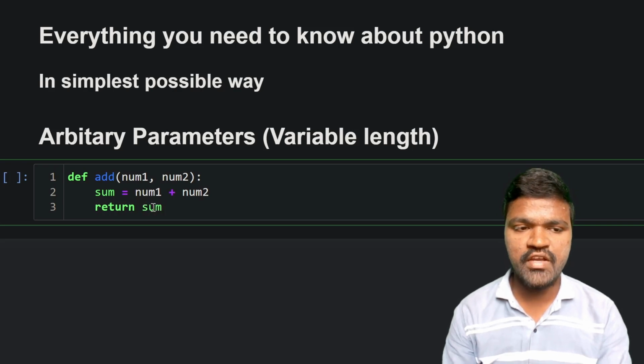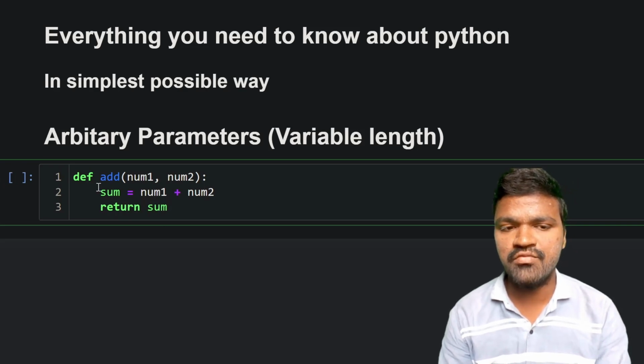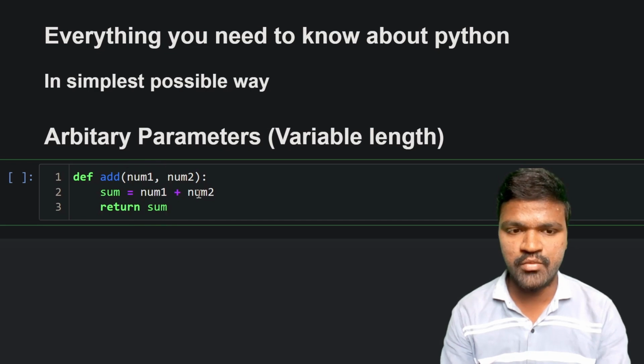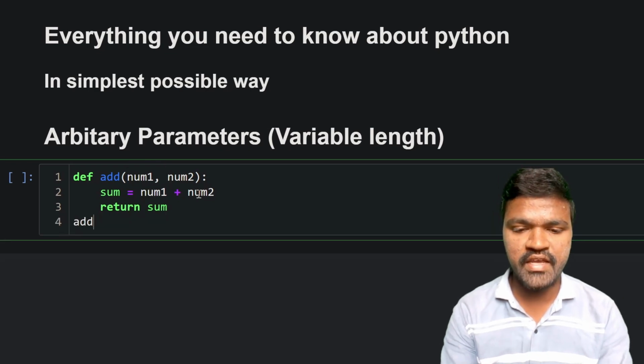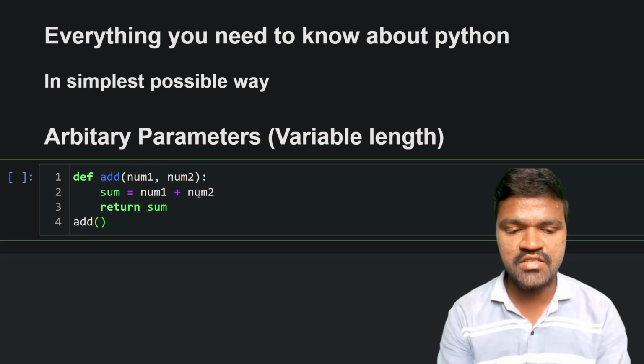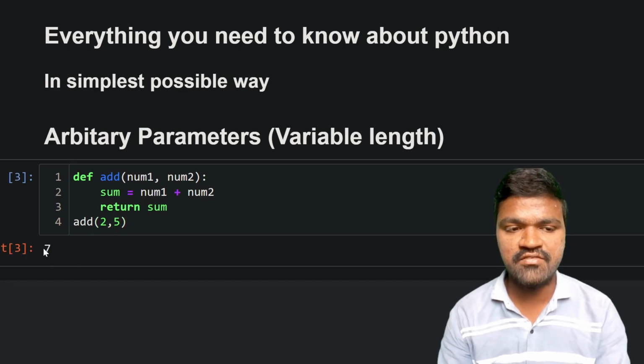When we call this function, we will get the sum of these two numbers, right? That is what we expect. Now if I call this function with 2 and 5 and execute this, we are getting the result 7. That is quite what we expected, right?